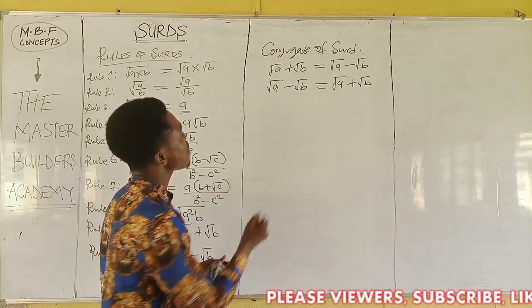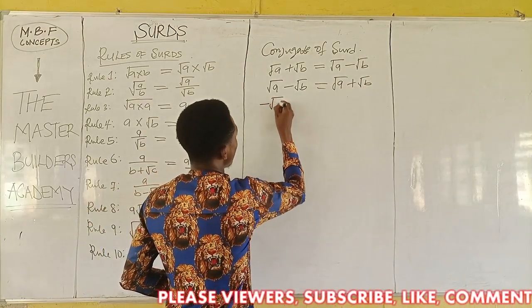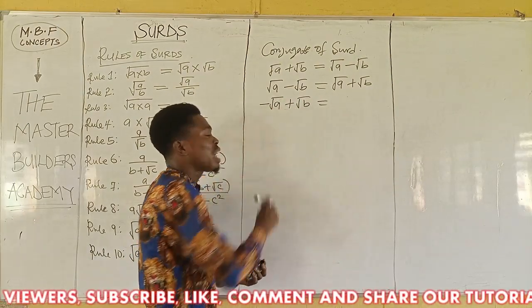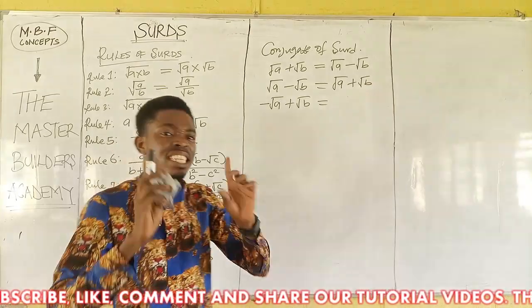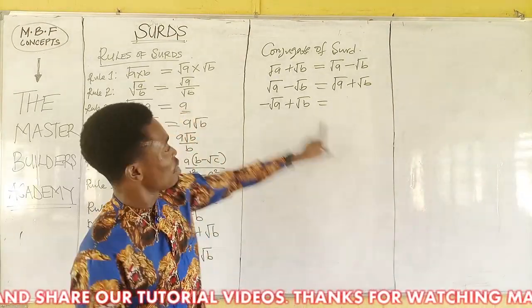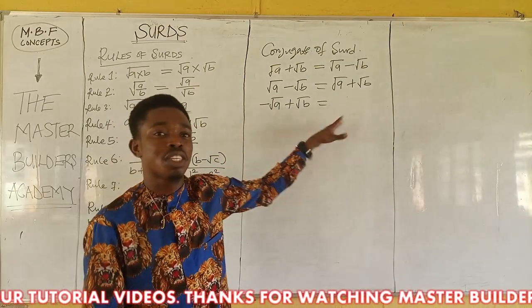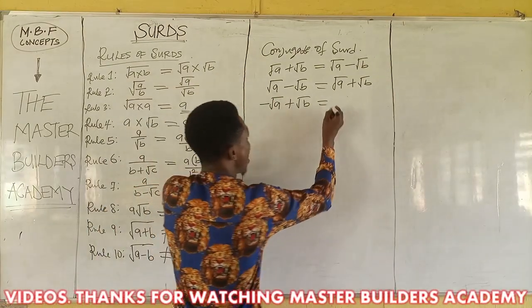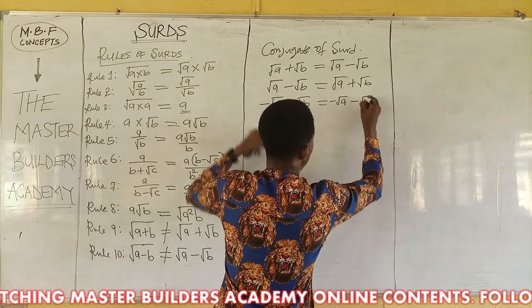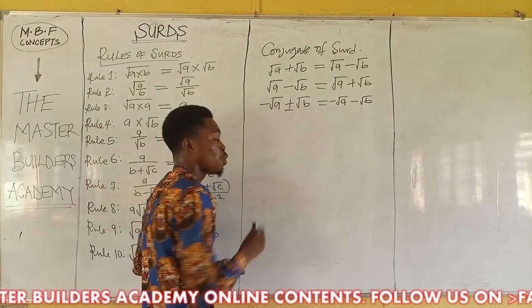Then what happens if I have minus root a plus root b? What will be the conjugate of this number, guys? The only sign that changes is the sign between the two surds, which is the sign that connects the first surd to the second. So we are still going to have minus root a, then minus root b. The only sign that changes is this middle sign.